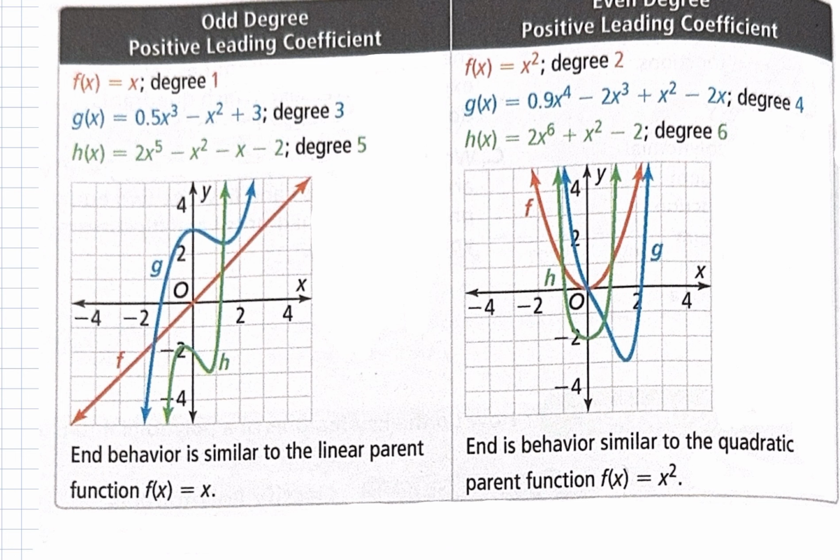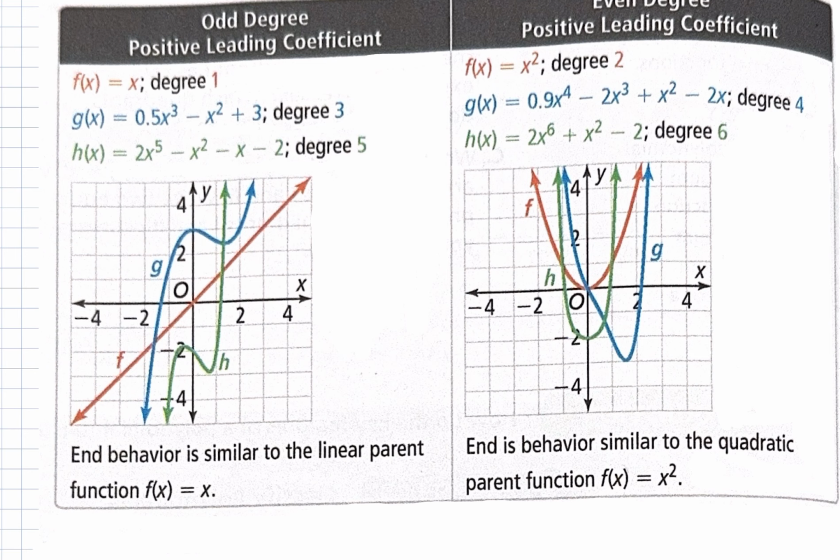When both of those conditions are met, our functions will essentially follow a behavior similar to this linear function. This linear function has a positive slope, and the ends go to infinity in this direction and to negative infinity in this direction.